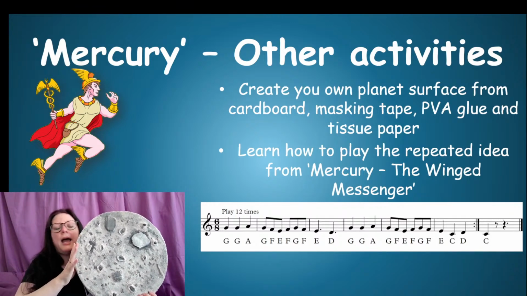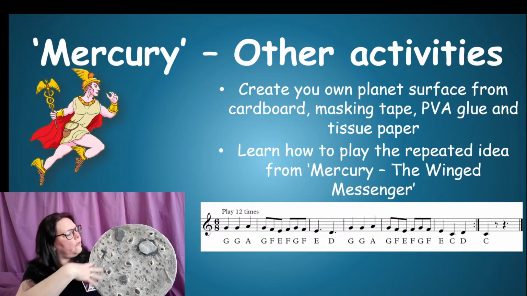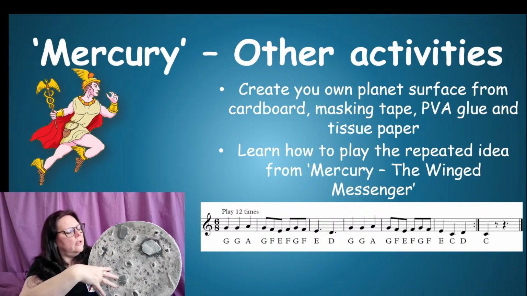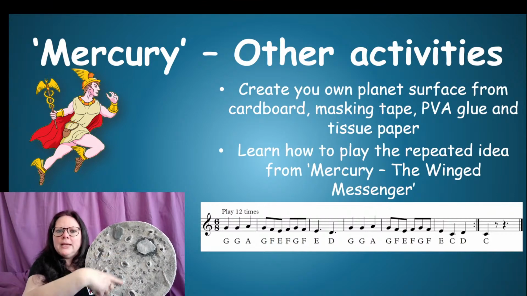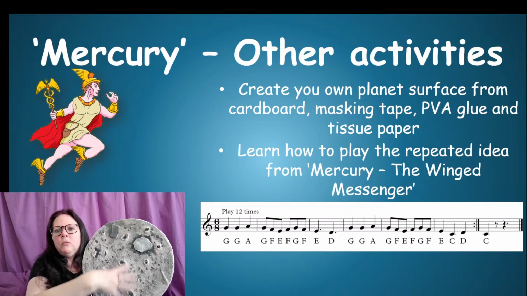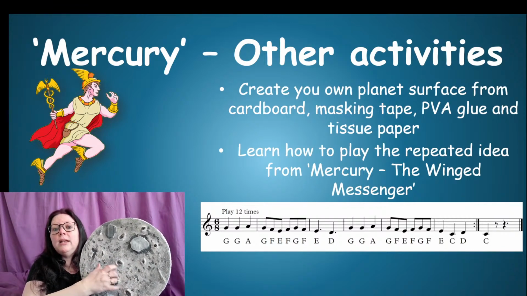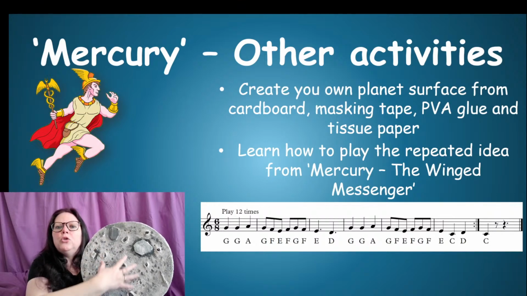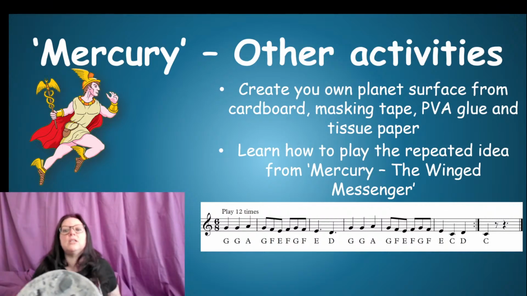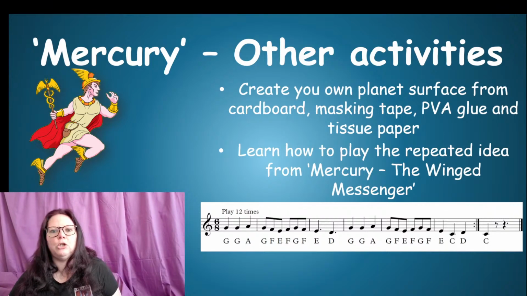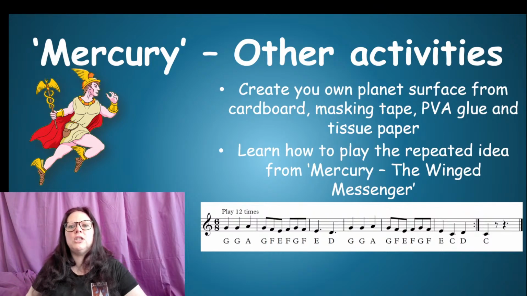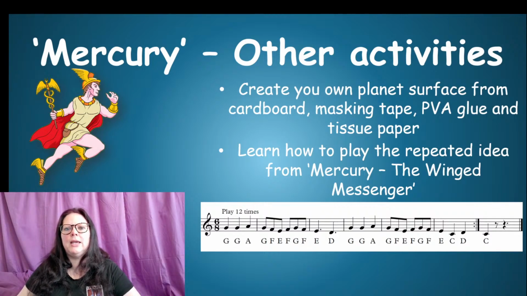And then once you've done that, you cover it in a PVA water tissue mix. So you paint on your PVA and water, you put on your tissue, you then paint over with PVA and water again. And once it's dry, and it goes very hard, you can paint it to create your planet surface. And actually, you could do this with any of the planets if you wanted to, but we're suggesting this is a good activity for Mercury. So a bit of an arty activity there for you to have a go at this week.